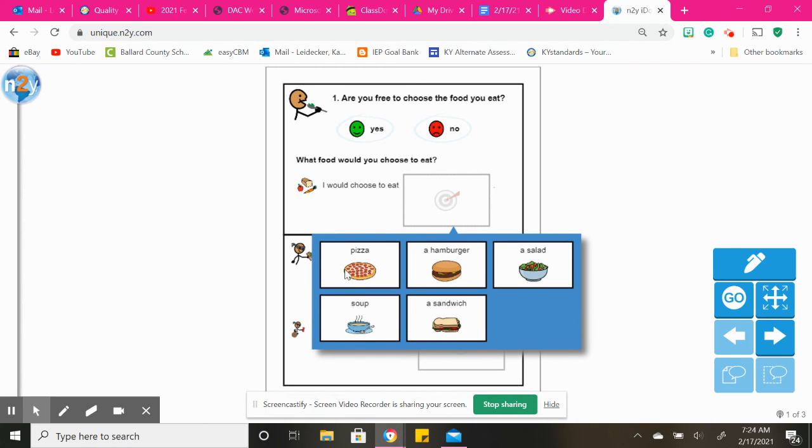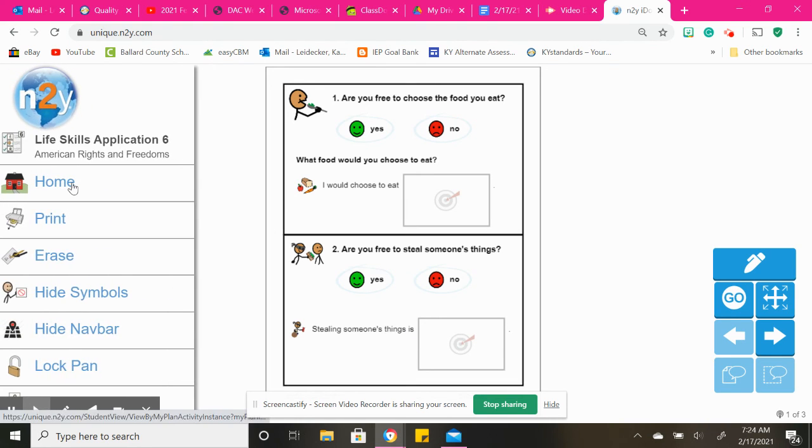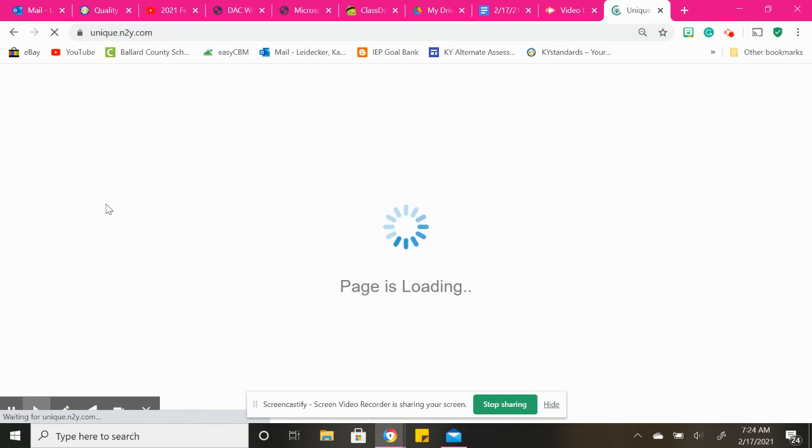Pizza, hamburger, salad, soup, sandwich. So this is like if you were to go somewhere, or the first one actually deals with food. The next one is, are you free to steal someone's things? So these are going over different scenarios of things you can and can't do, or things you should and shouldn't do.